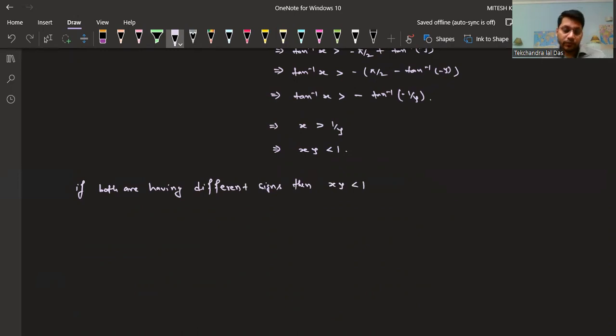If x and y have different signs, then definitely x into y is negative, so definitely less than 1. So this is obvious. So what did we get here?